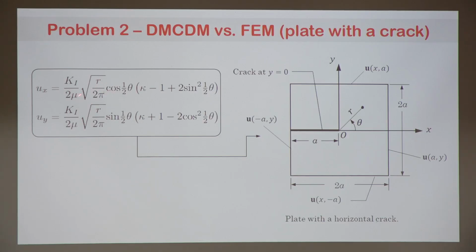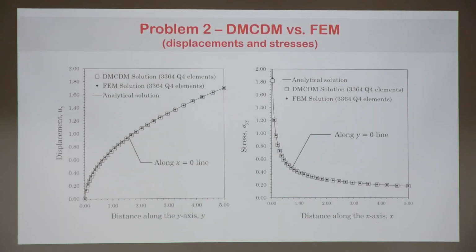And the stresses would have a 1 over square root of R singularity. Okay, and here are the solutions again. You can see the displacement in the y direction, and they're exactly matching with each other, dual mesh and finite elements, and same thing for the stress. Beautiful, right?